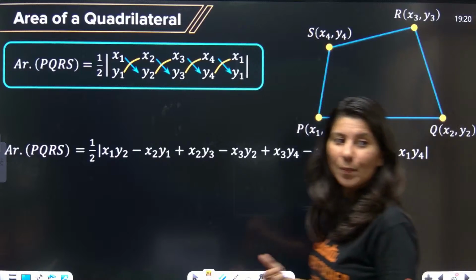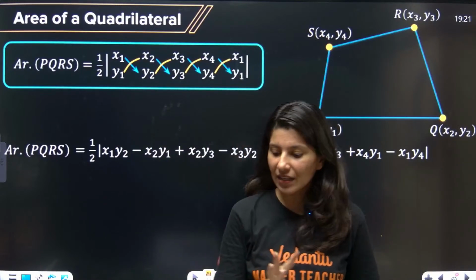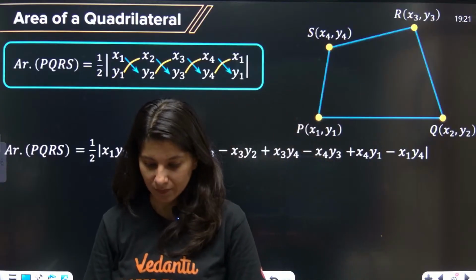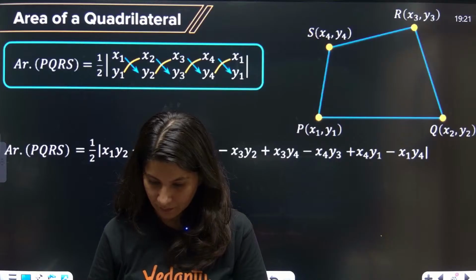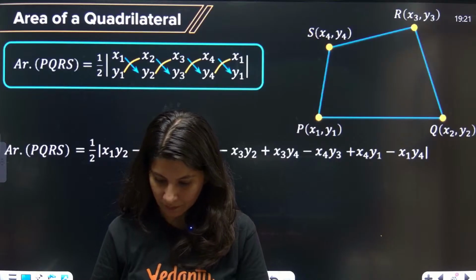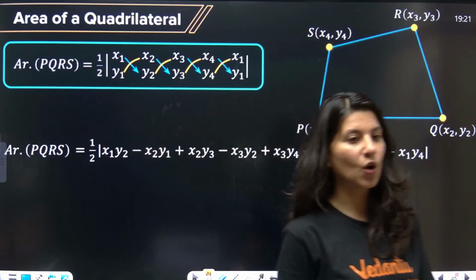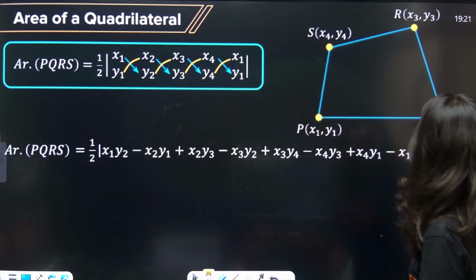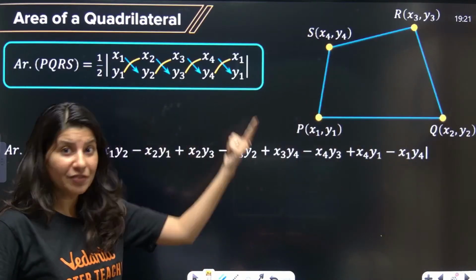Now the next topic is area of quadrilateral, wherein there are 4 points. Can you see PQRS? Remember I told you the area of a triangle with a different formula.